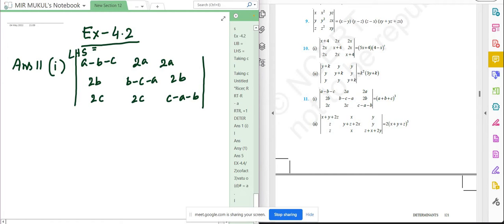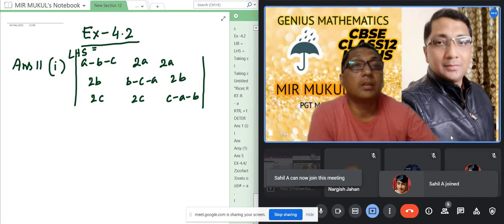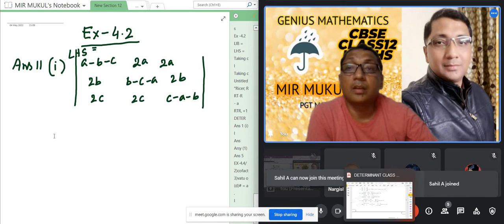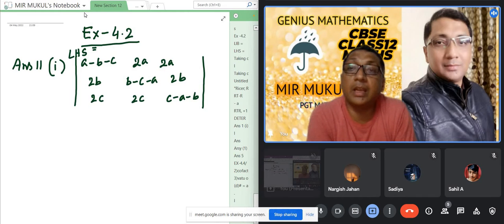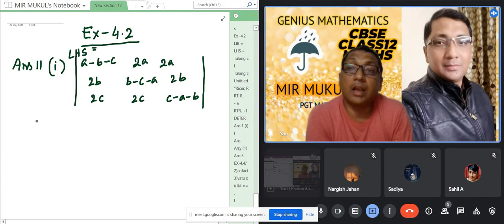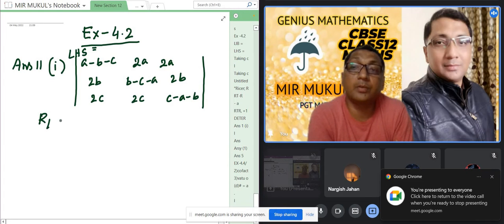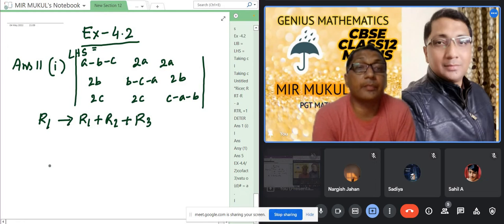Now if we add column wise or row wise, what will we get? If you add row wise, are you getting A plus B plus C? If you add column wise, then we are not getting that. That means row wise, R1 goes to R1 plus R2 plus R3.